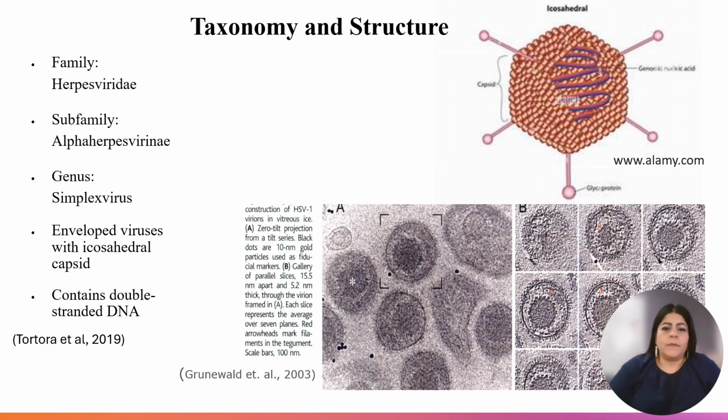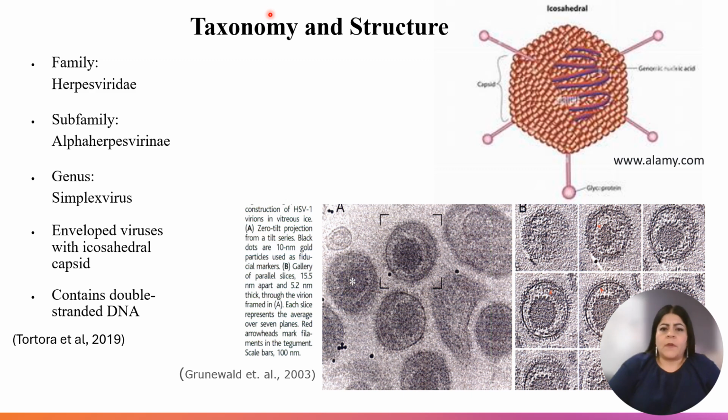Taxonomy and structure. HSV is classified under the family Herpesviridae. Its subfamily is Alphaherpesvirinae, and the genus is Simplexvirus. The structure of HSV consists of an enveloped virus with icosahedral capsids, which is the shape that we can see here, and contains double-stranded DNA.